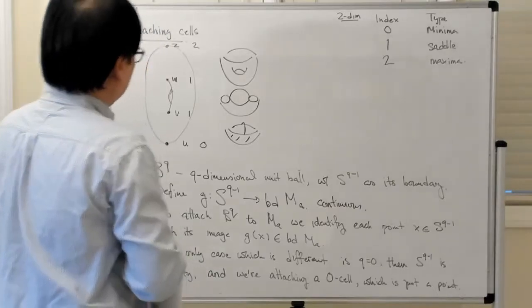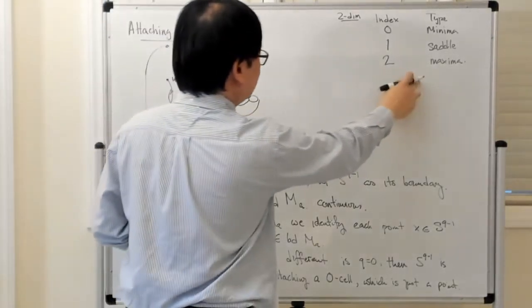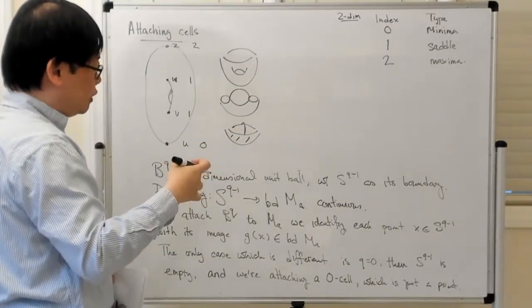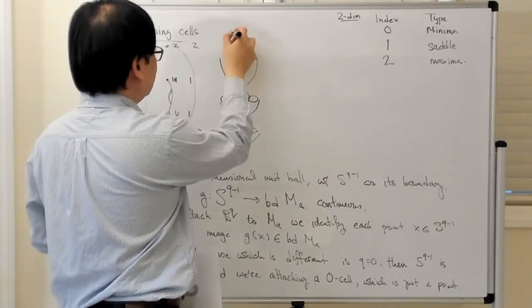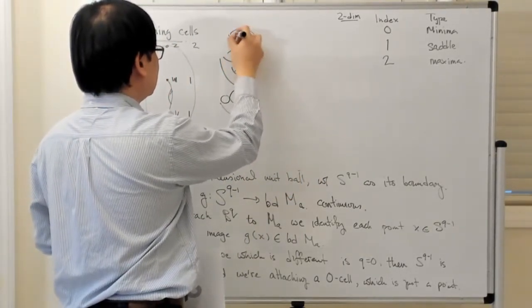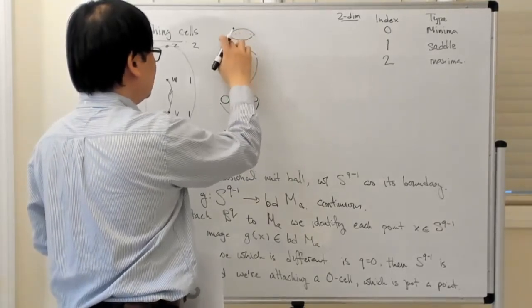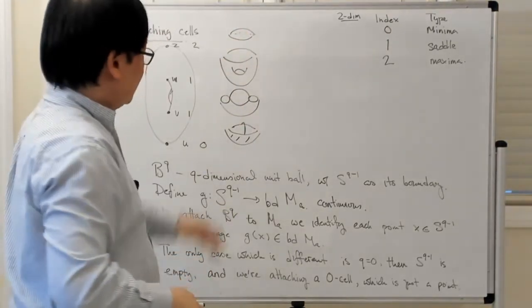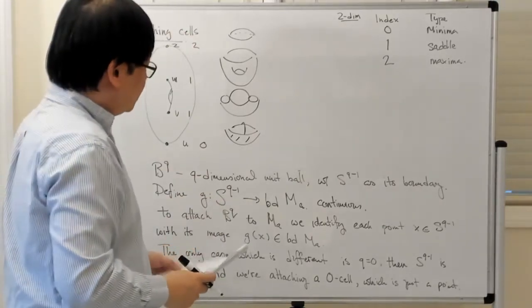And finally, when you hit the Z point, it's index 2. So you glue a 2-ball, and the boundary of the 2-ball is the 1-sphere. There's this boundary cap here, which you identify with this, and that covers the hole up and gives you the entire torus.